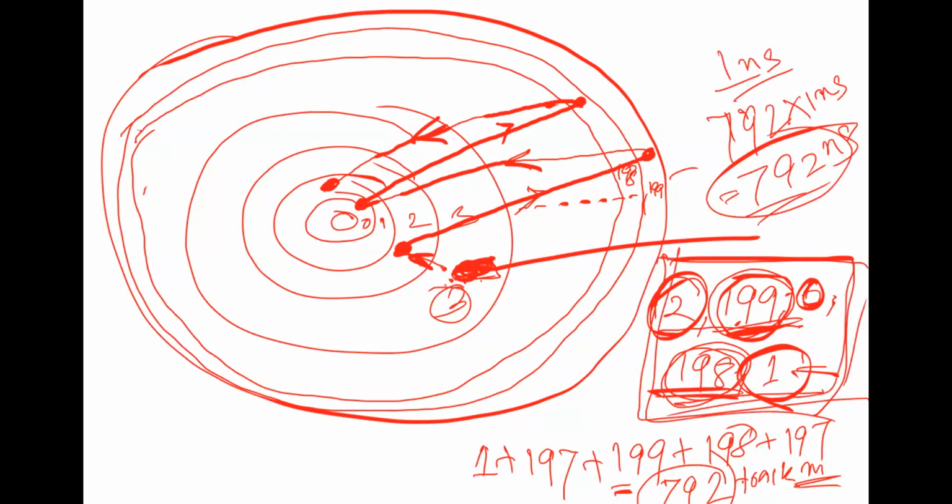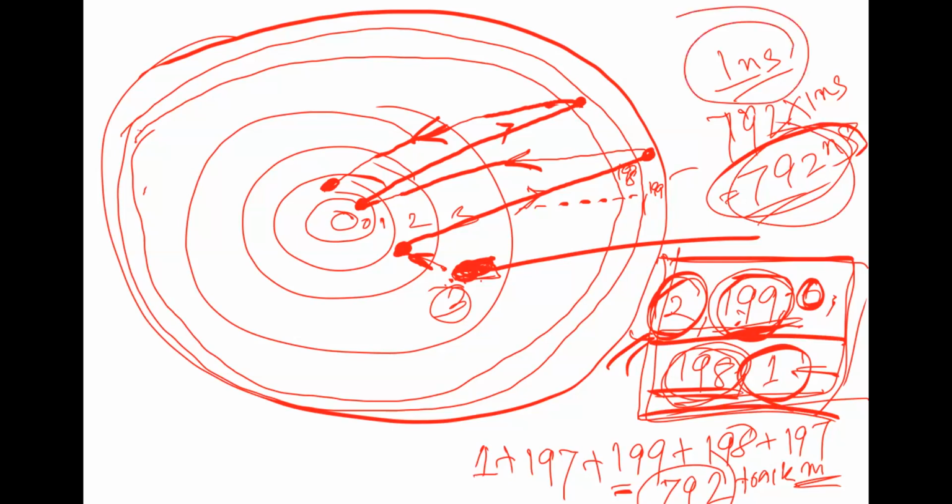If you receive a request to read the data from track number 2, then track 199, and this sequence, then to fulfill this request you need 792 nanoseconds. If the track seek time is 1 nanosecond, meaning that changing the head position from one track to another takes 1 nanosecond, then at first you need to calculate the total track movement to fulfill this request, and then you get how much seek time is required.